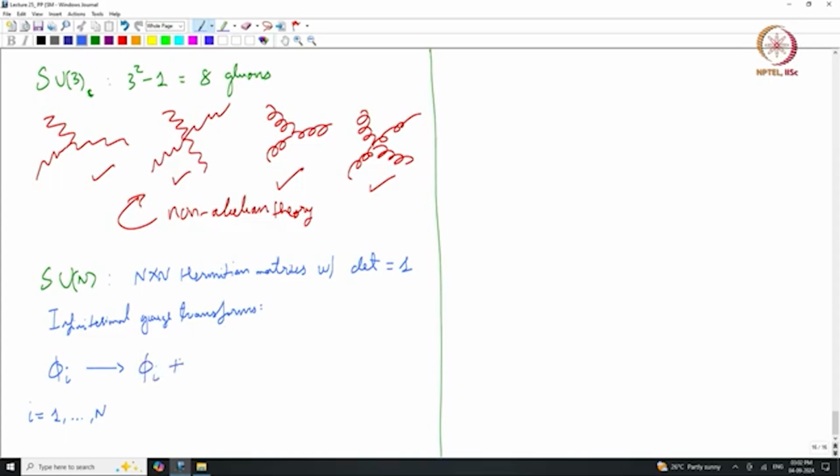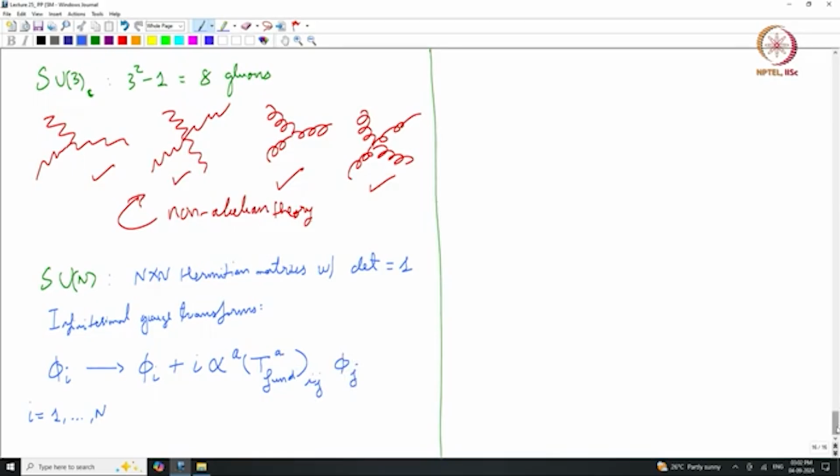So, the infinitesimal transformation should go like this, where I am now changing notation a bit. I am going to call the generator a generator in the fundamental representation.